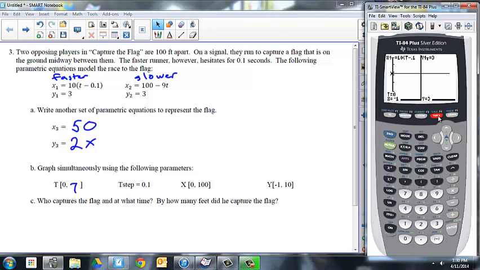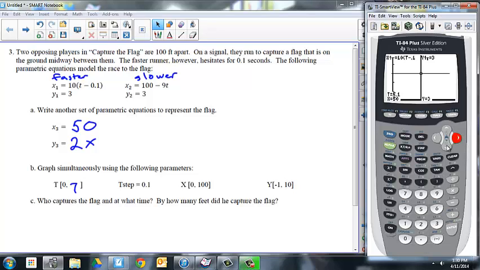What I'm going to do is trace the faster runner first and see how long it takes the faster runner to get to the 50-foot mark. I'm looking at x values here, and this is nice and round. Every tenth of a second he travels another foot. So I can see right there the fast runner takes 5.1 seconds.